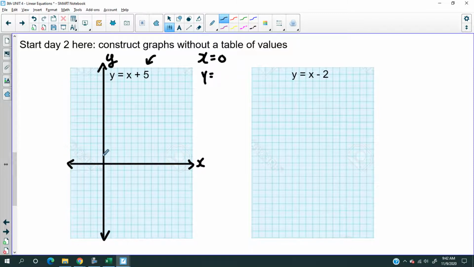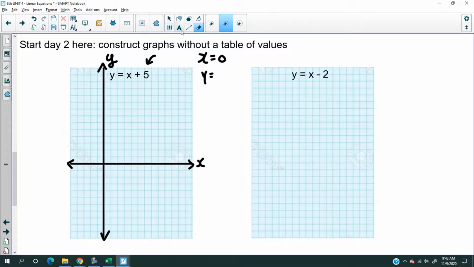Think about it: all the points on the y-axis have x equal to 0, going upwards or downwards. The line only cuts across the y-axis where x is in the 0 position.